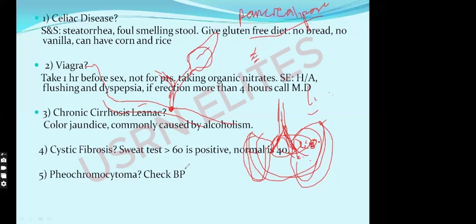Hello, Gia. What did you just say? I have a question, sir. Oh, okay. So kindly elaborate more on the sweat test. How is it done? How do they collect the sample? Is that your question?